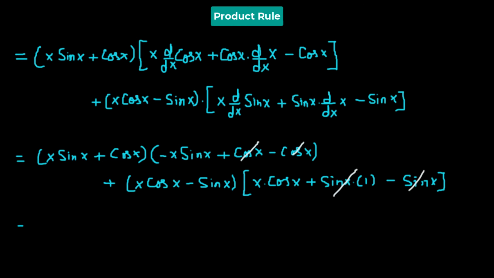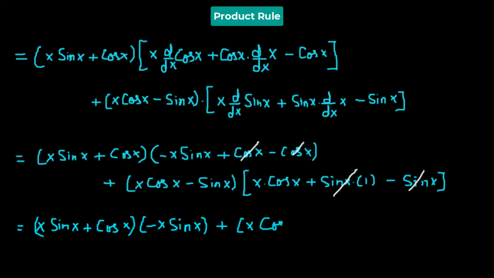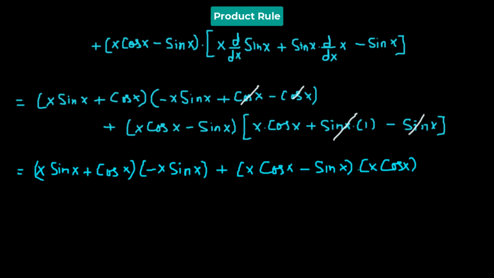So we get x sine of x plus cosine of x multiplied to negative x sine x plus x cosine of x minus sine x multiplied to x cosine of x. So this is the derivative. So we can stop here, but what we can do is we can further simplify this given expression. So let us do that as well.